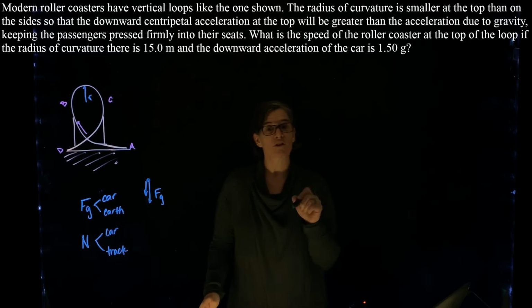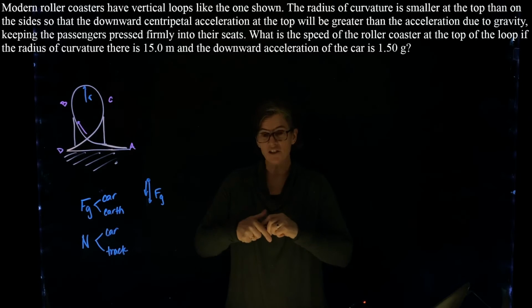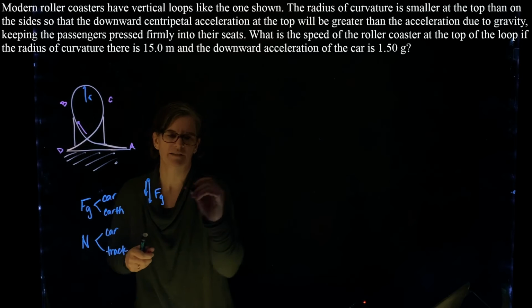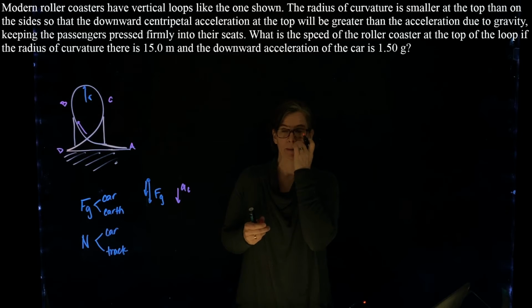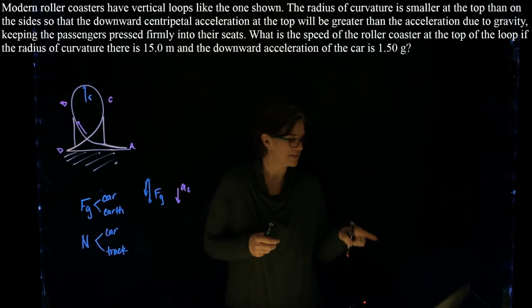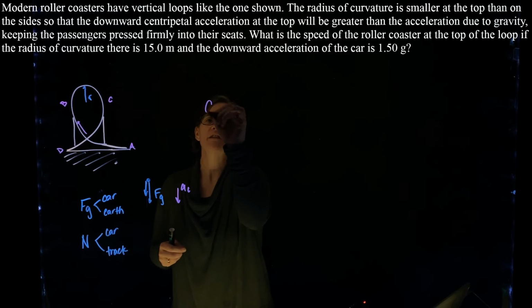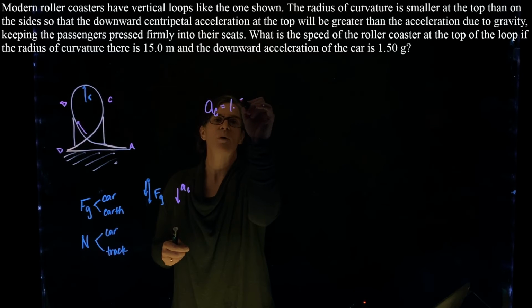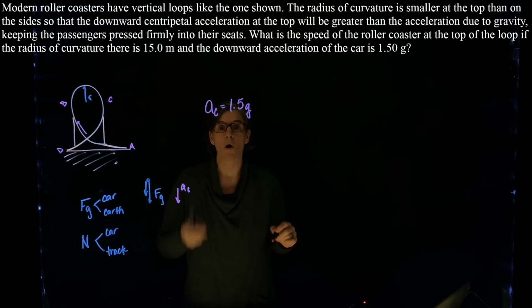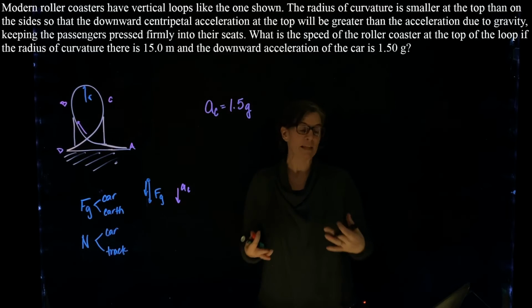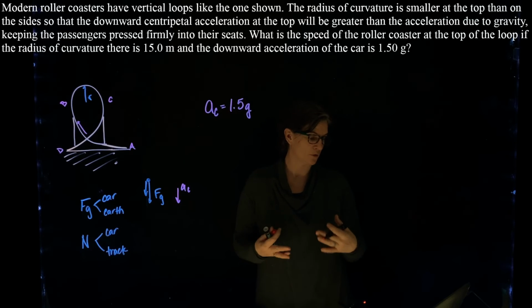Well, if it's in a vertical circle, the centripetal acceleration is also in that downward direction. And we are told that the downward acceleration, the centripetal acceleration, is 1.5 times g. So, what is the speed, it asks, of the roller coaster at the top?